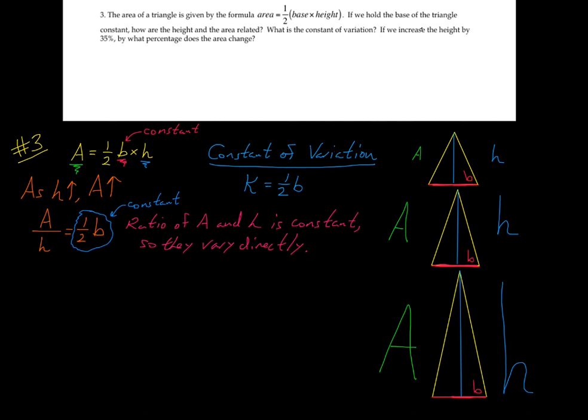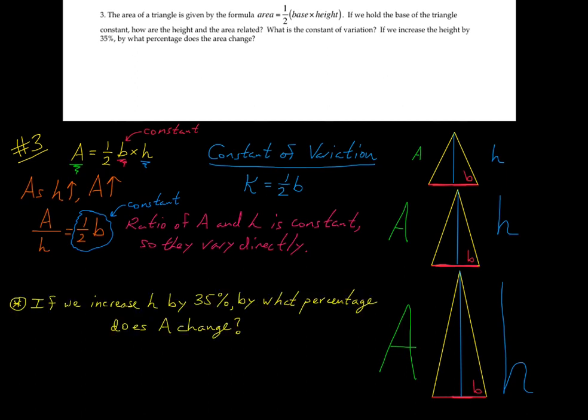Now the last part says if we increase the height by 35%, by what percentage does the area change? So I'm going to go back to this relationship that we just wrote down. We know that the ratio of the area to the height is equal to this constant value. And the key thing to take out of this is that this right-hand side cannot change. A can change and h can change, but this thing here is constant.